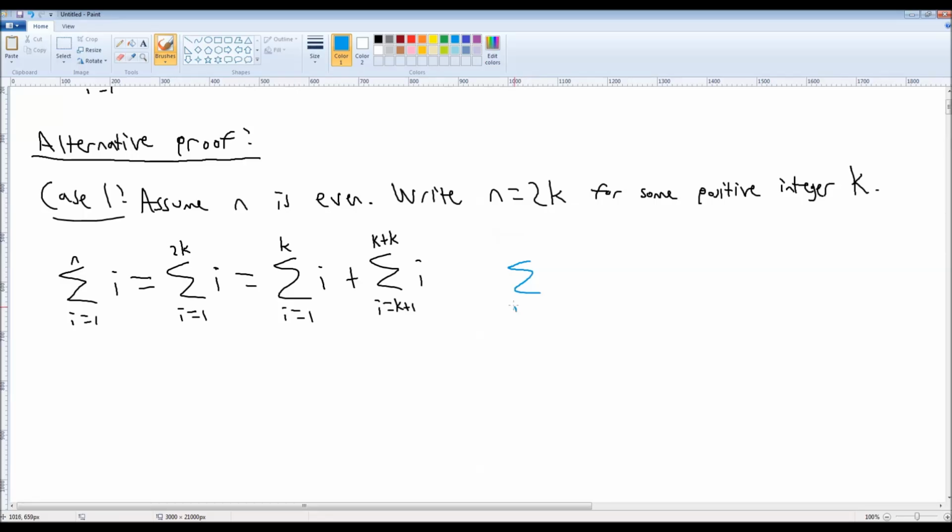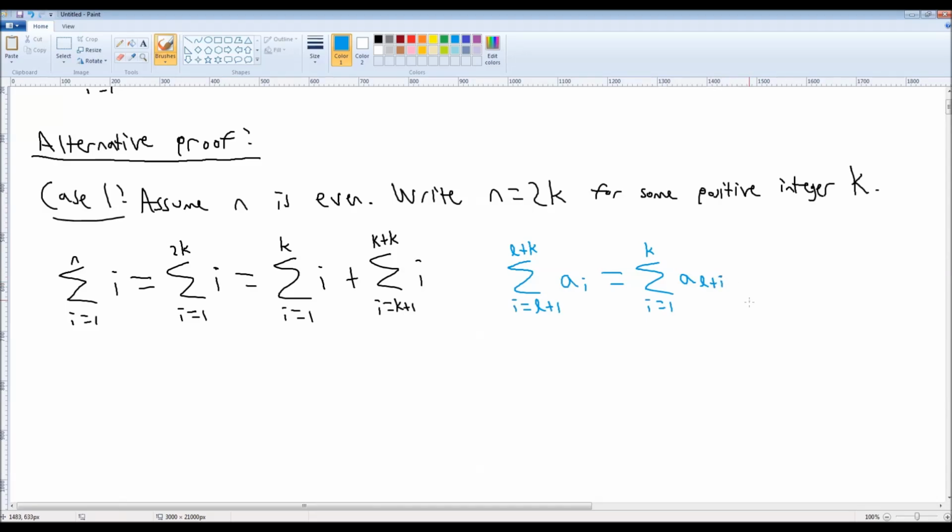We're going to use this law that if you have the sum from L plus 1 to L plus k of some sequence, this sum is the same as the sum that goes from 1 to k of a of L plus i.